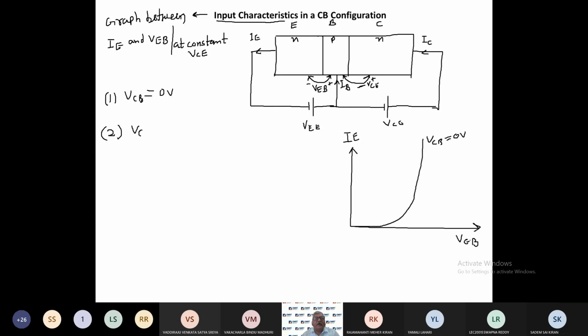Let us assume VCB is now minus 1 volt. It is reverse bias now, that's why I'm writing minus 1 volt. So if VCB is minus 1 volt, now you just see the base and collector junction. Some reverse bias is applied now due to this VCC. So what will happen? I will just redraw here and you can understand the concept now.